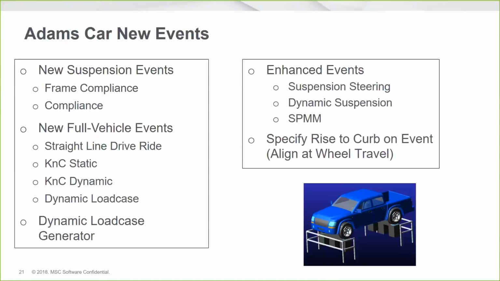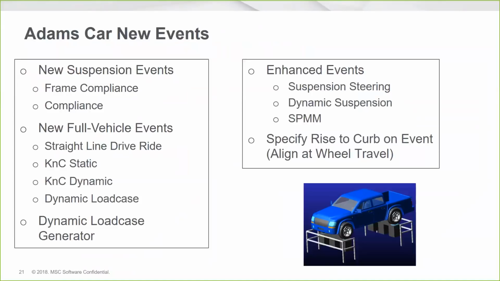And a number of new events this release in Adams Car. We've got a number of new events, a few in the suspension and a few in the full vehicle events, plus a few existing events that have been enhanced. The frame compliance event for the suspension is one where you can use the result of that analysis to construct a compliance matrix for the suspension.